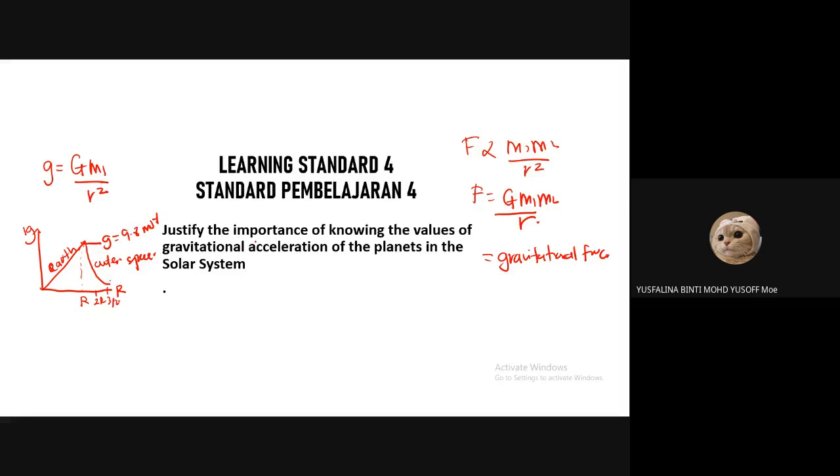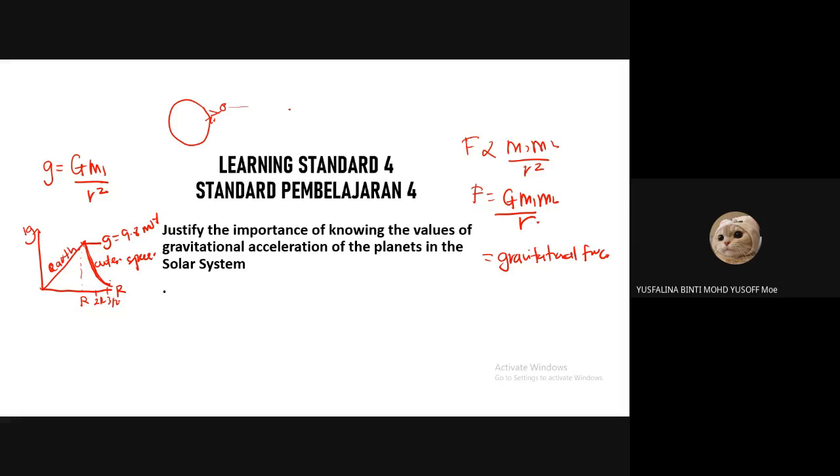The gravitational acceleration of 9.8 is when the object is on the surface of the earth. When it starts leaving the earth, you have to see this part of the graph, so the gravitational acceleration is decreasing. We already learned to calculate the gravitational acceleration by using this formula.